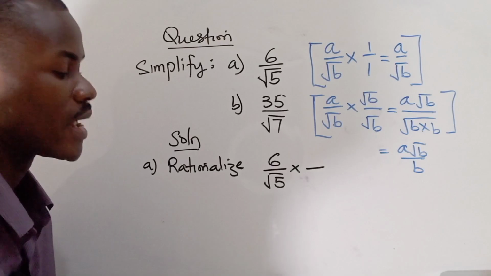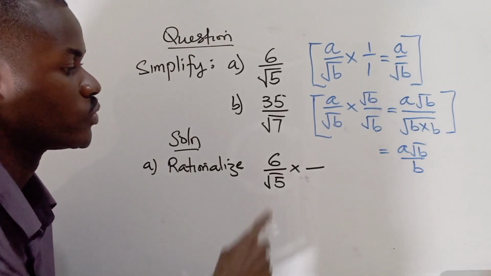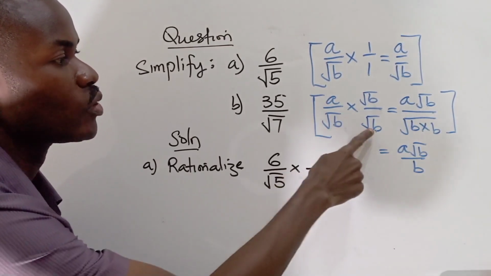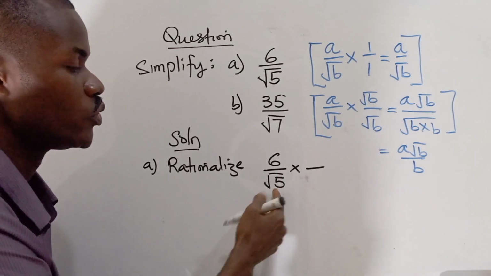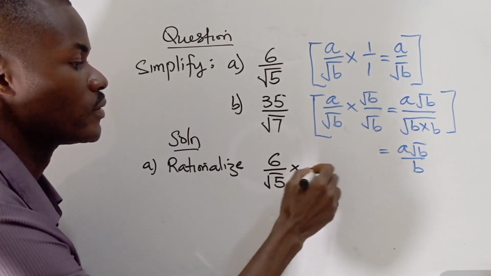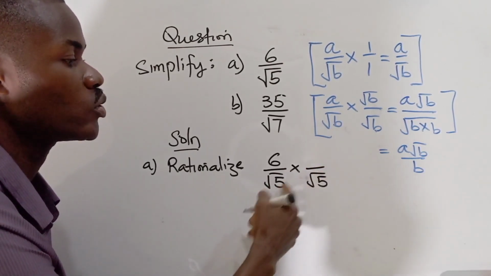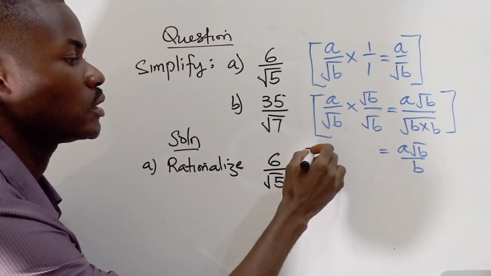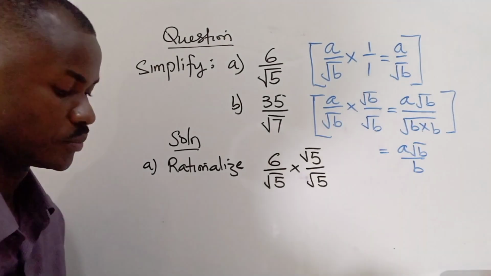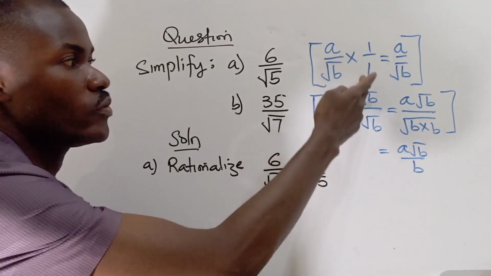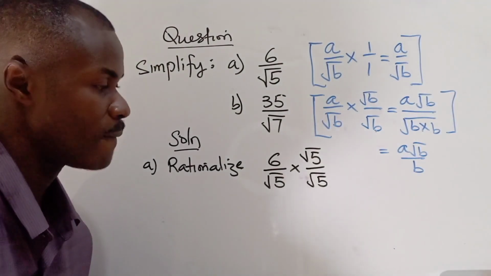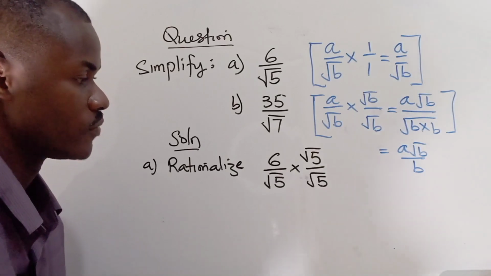Like we did here, I'm going to use this to multiply both the denominator and numerator. So I'm going to use this to multiply itself here, and I'm also going to put it at the numerator, so that this divide this represents 1 over 1.